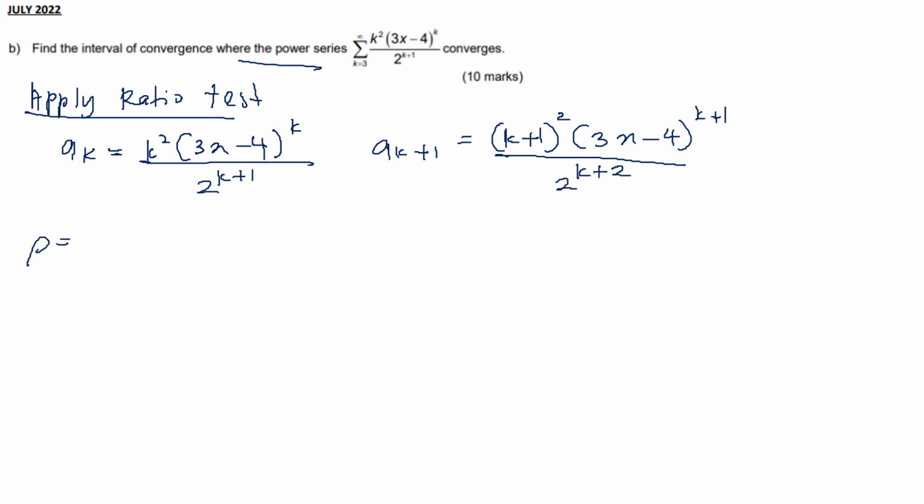Then you have to apply the ratio test, limit k approaching infinity. You have to substitute into the formula, which is a_(k+1) divided by a_k.